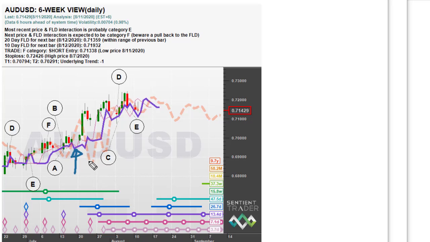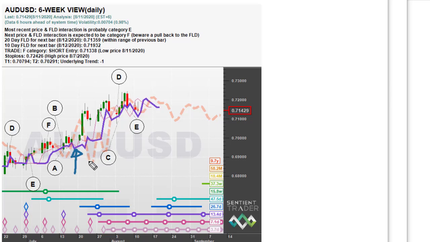So, in other words, that 20-week cycle trough, which almost certainly did form at some time within this period, formed at the level of the 20-day cycle FLD. I'm probably mixing up my days and weeks. It's all getting a bit complicated, but that 20-week cycle trough almost certainly formed at the level of the 20-day FLD. And that means, as I have already explained, that the market is currently very bullish.